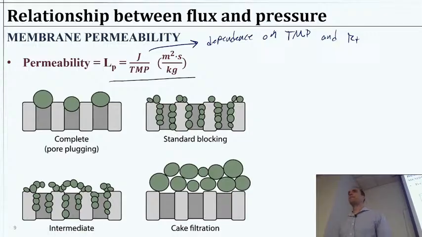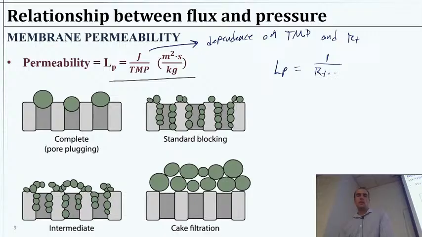If the permeability is the flux divided by the TMP, can you just simplify the equation by just saying it's equal to 1 over RT times the viscosity? Yeah, I think so. So LP equals that.